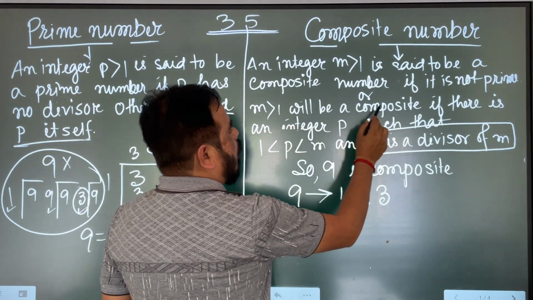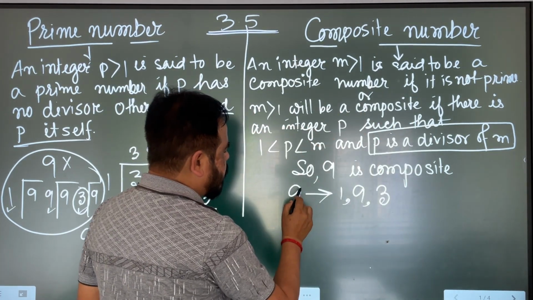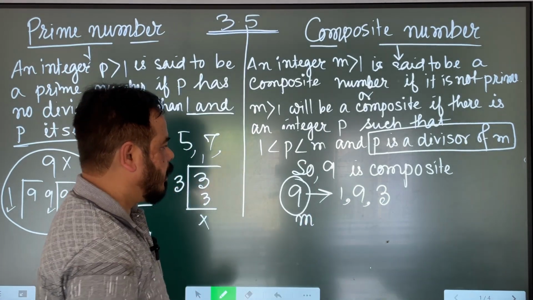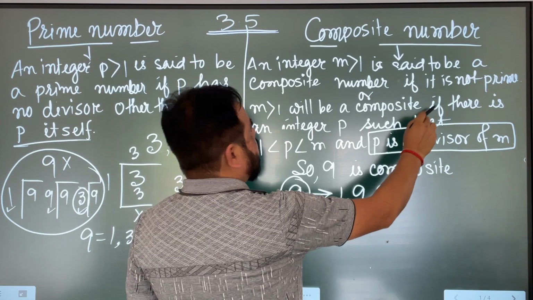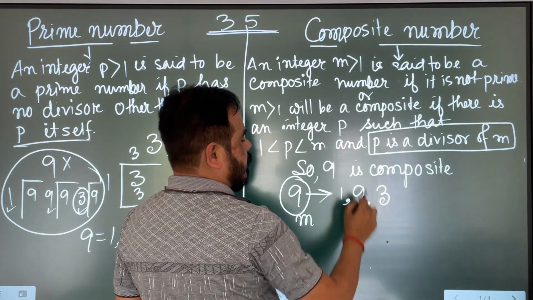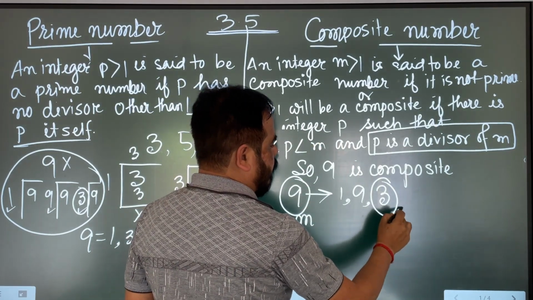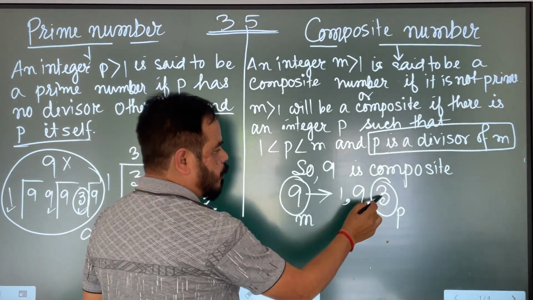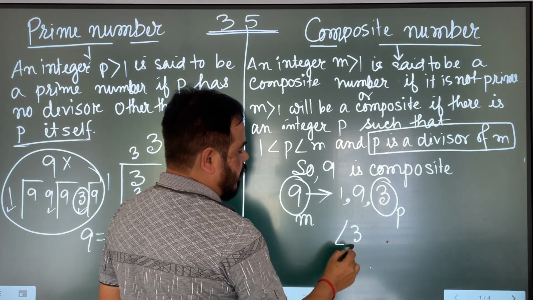M will be composite, where m means 9, if there is an integer p such that p is greater than 1. What is p? 3. 3 is greater than 1.